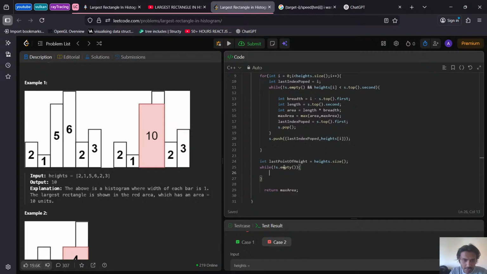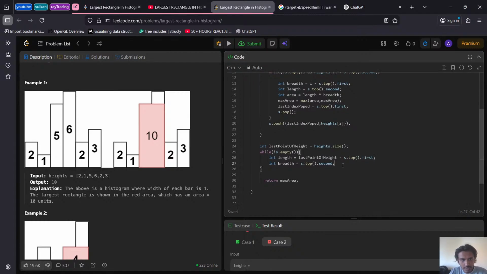It's the last point of height minus the top index. Then int breadth will be the top dot second, or this will be the top dot first.